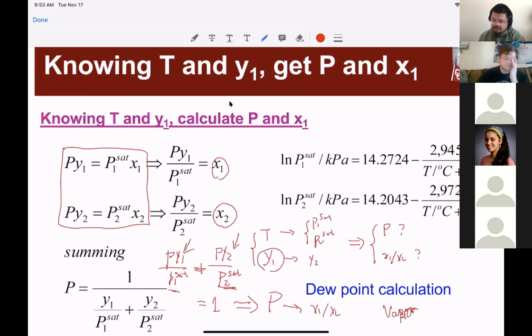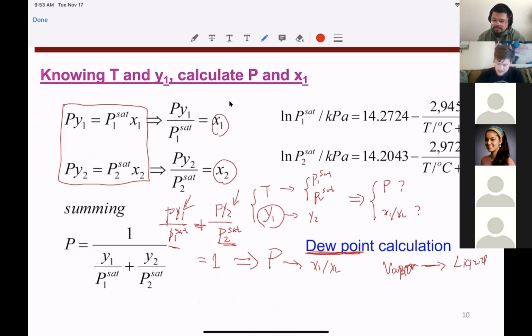If I know the vapor phase, I want to figure out the liquid. This is the calculation of figuring out when the first liquid will appear. This is why it is the dew point calculation.